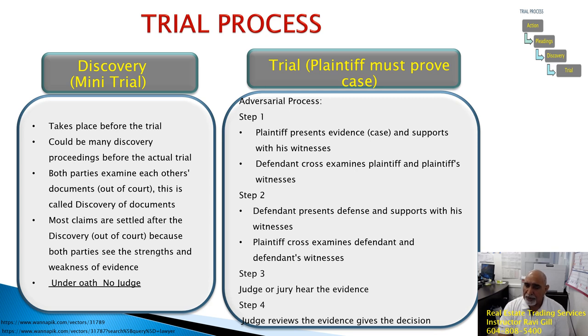First step is where the plaintiff, and remember it's the burden of proof on the plaintiff to prove that whatever he's claiming happened, providing proof of that, providing the case. It's his job to prove that that happened. So the plaintiff first presents his evidence, and then he presents his witnesses to that evidence, if he has any.